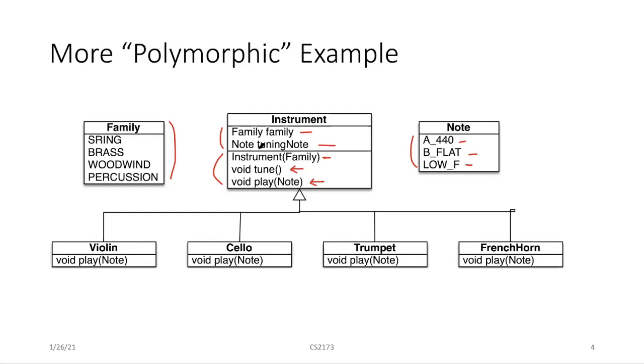Likewise, these methods are public. This is part of the public interface. Now, there may be some private things as well. It's absolutely possible to have private methods. We mostly will not encounter that here. But again, if it's in the UML diagram, then it's public.